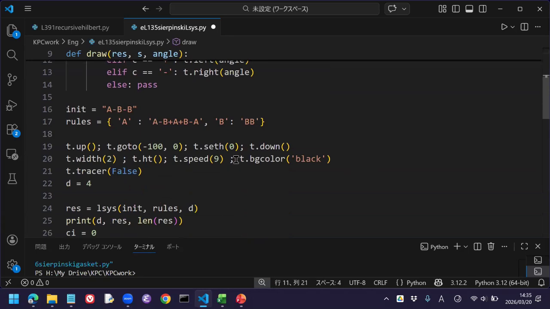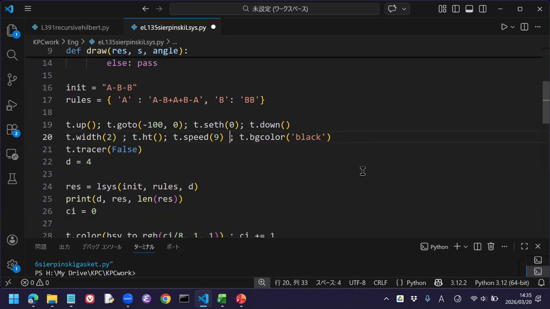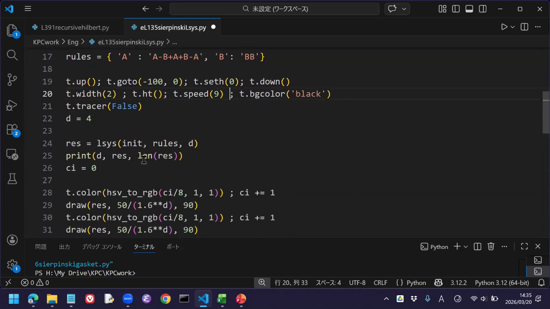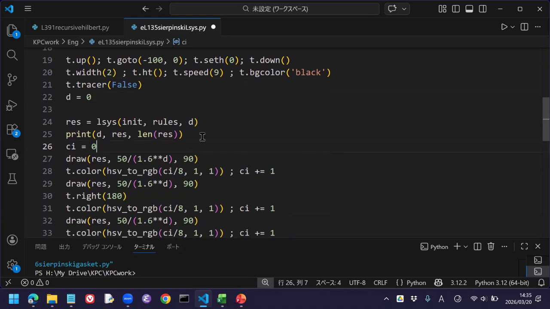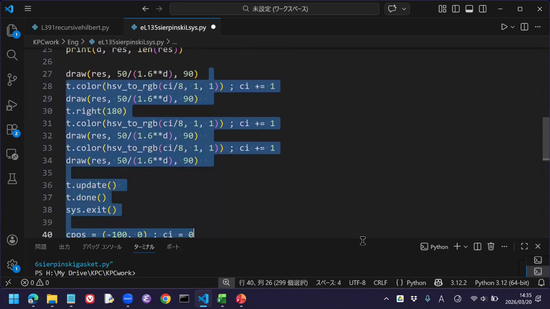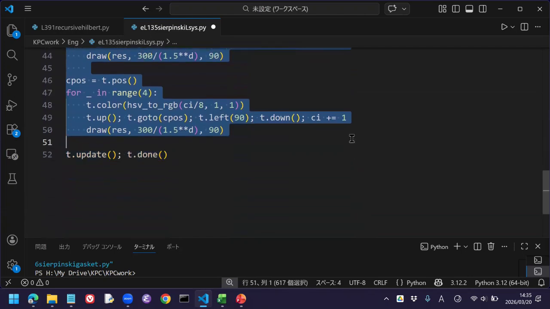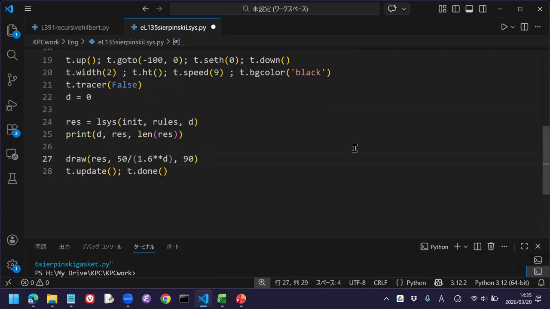We don't use the coloring. We will just use d equals 0 and see what it looks like. We don't need anything else here, we just remove everything.